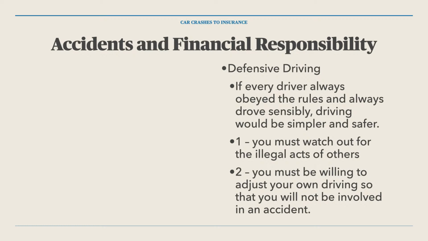Now, you're going to find that in some cases, if you ever go to court, no one's going to be found 100% at fault. Because if you had an unwillingness to make things better, they may find you partially at fault. So think of a 100% pie, a circle representing 100%.